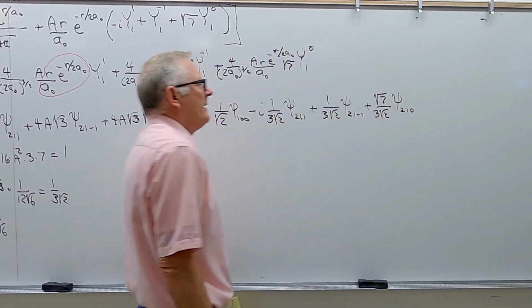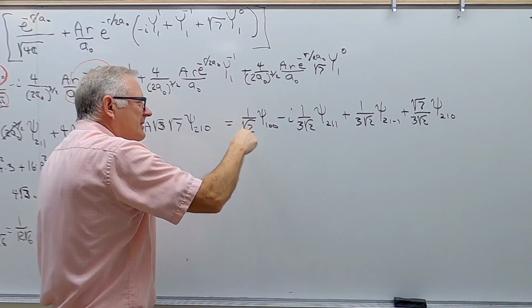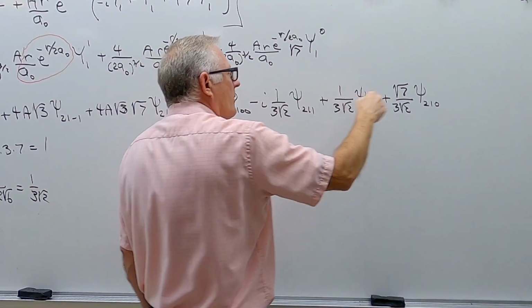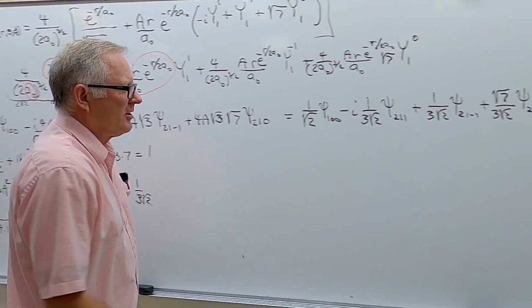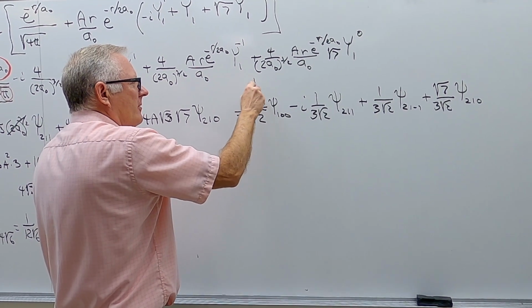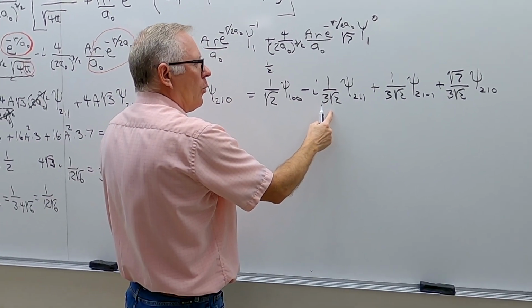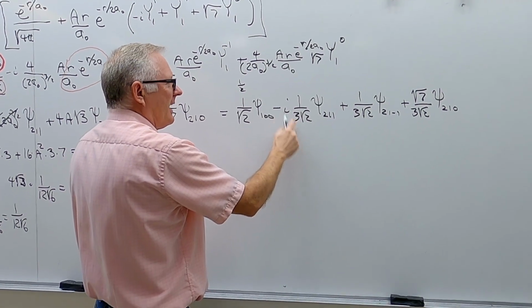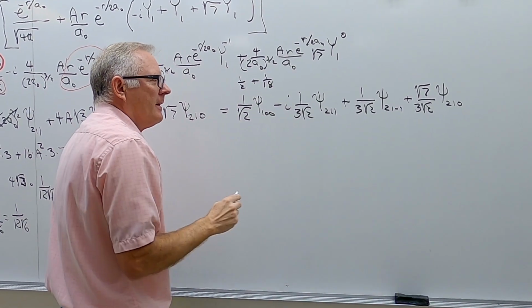Now I can check this, make sure the algebra is correct, because this squared plus this squared plus this squared plus this squared better be 1 right there. Let's just make sure it is 1. This is a half. This squared is 1/2, that'd be 2 times 9 is 1/18, plus 1/18.